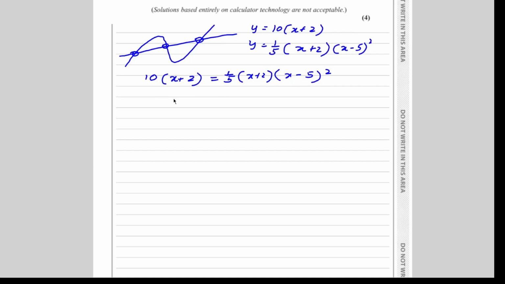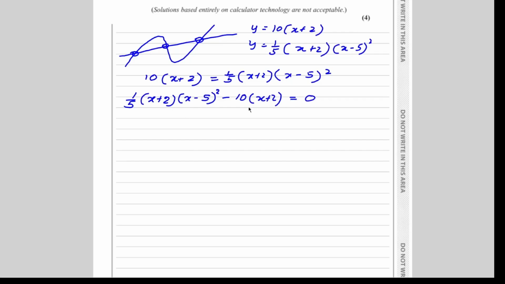So I'm bringing everything to one side, equating to 0. So 1 over 5 times x plus 2 times x minus 5 squared minus 10 times x plus 2 equals 0.